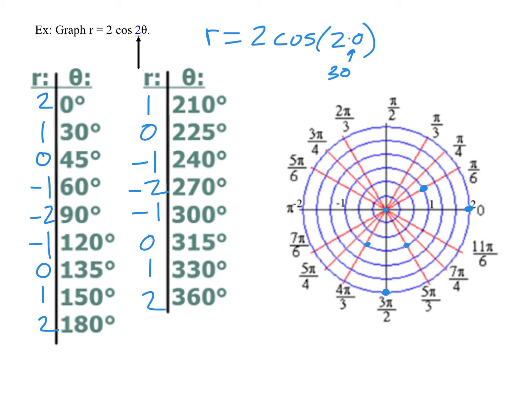All right, where'd we leave off here? We're back at 1, right? So now I'm going to the right again, and now my angle is 150. So I'm right there, out to 2, and then over to 180. Now, if you wanted to keep track of what's going on, if you want to label the example, this is a flower petal.